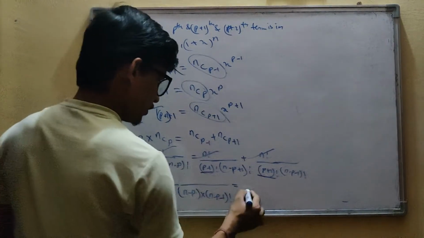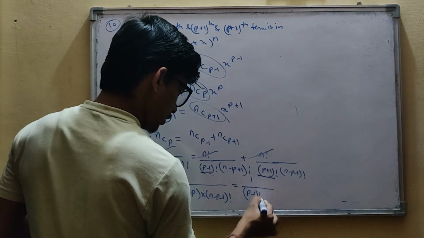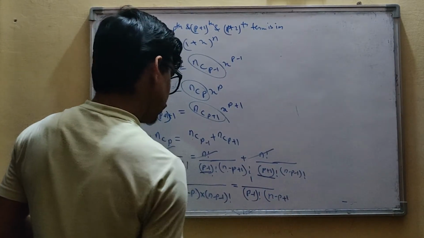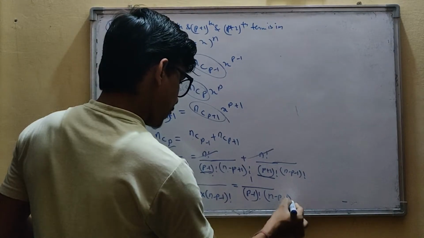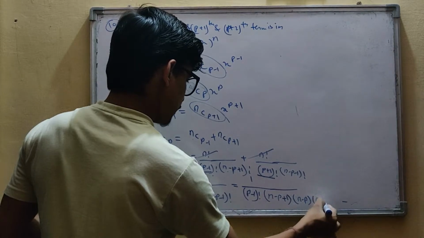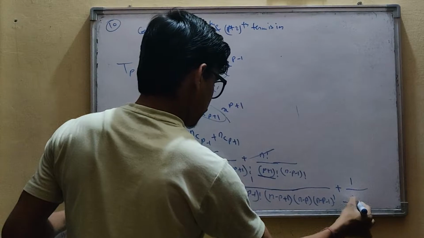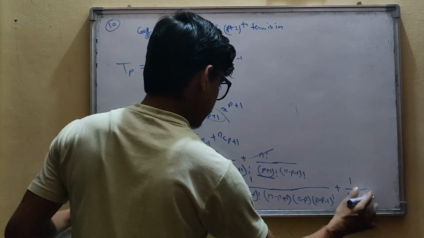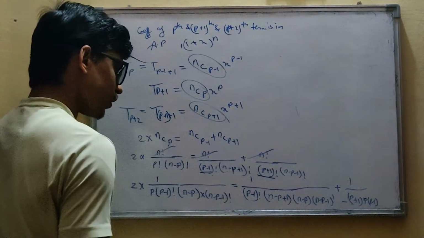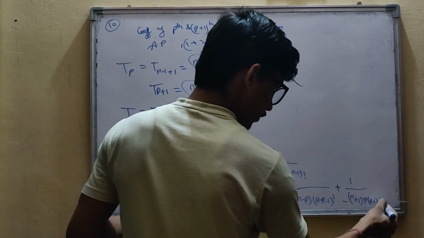Okay, and now this can be written as 1 upon p minus 1 factorial, and n minus p plus 1 and n minus p and n minus p minus 1 factorial, plus 1 upon p plus 1 factorial, p plus 1 into p minus 1 factorial.